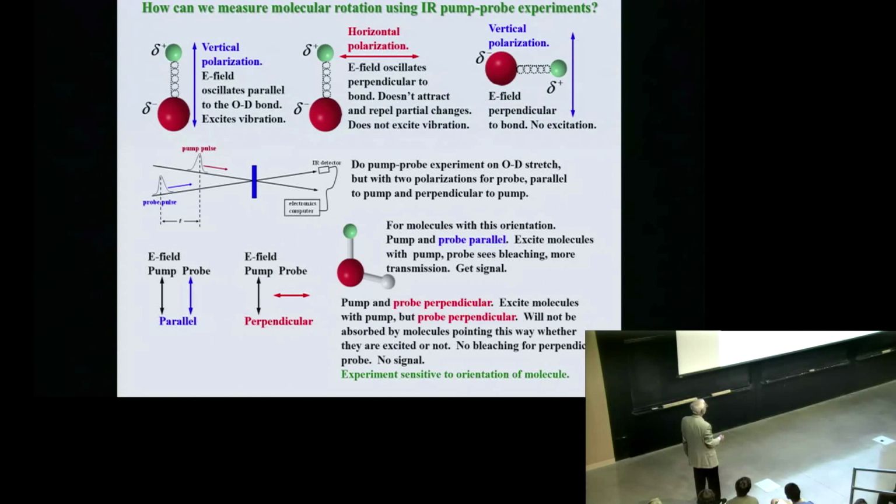So when the pump and probe are perpendicular, you excite molecules with the pump, but with the probe perpendicular, even though this was absorbed, this polarization doesn't see the so-called bleaching and more transmission. So that's going to give us a handle on measuring the rotation.